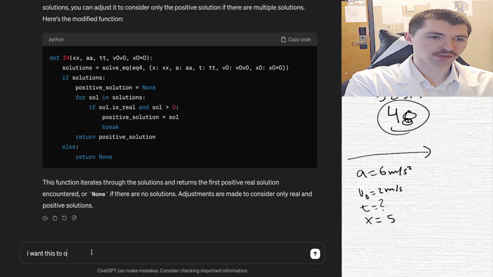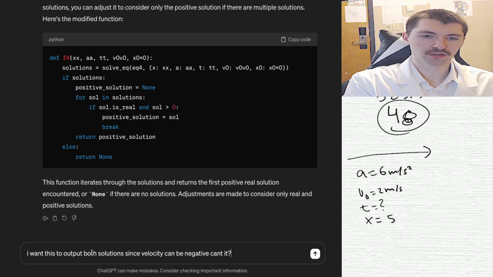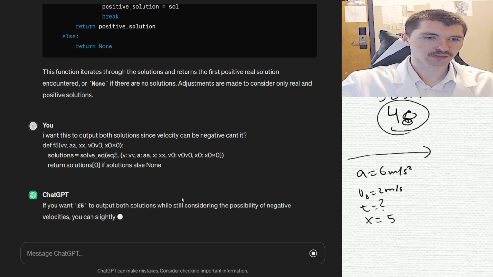I want this to output both solutions since velocity can be negative, can't it?